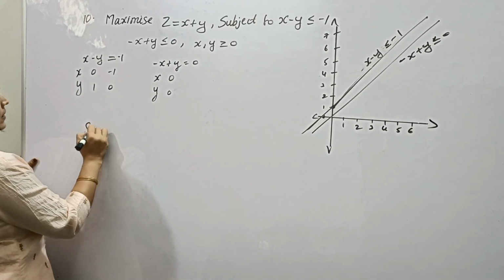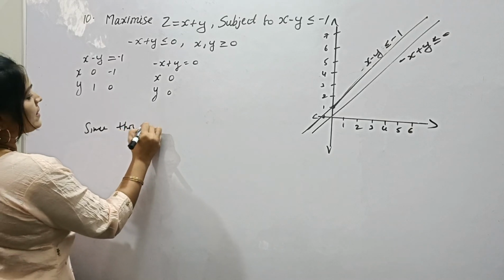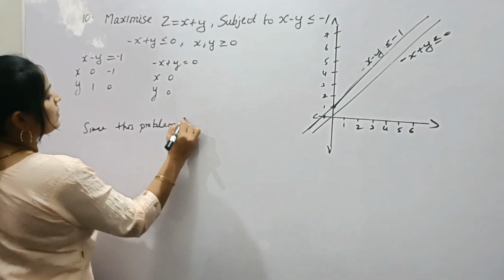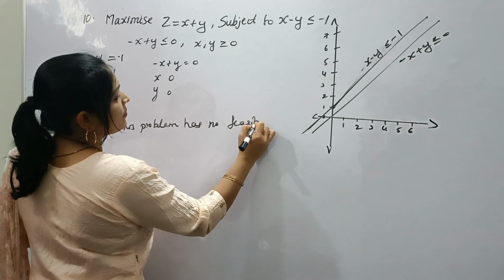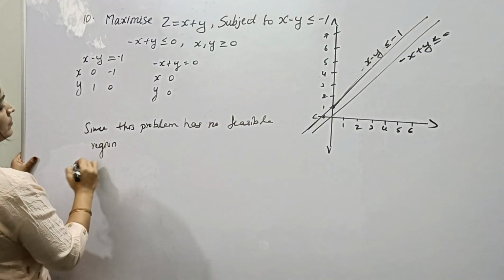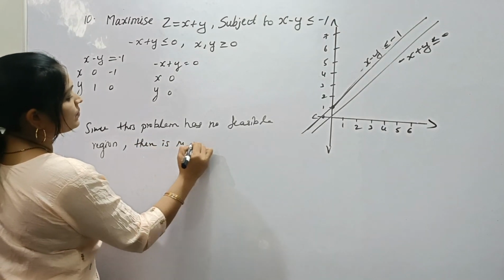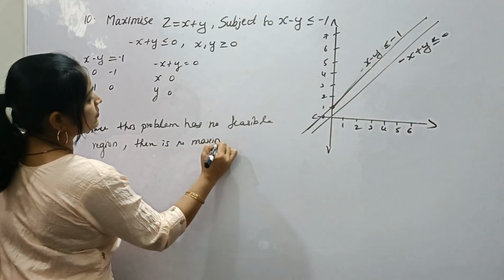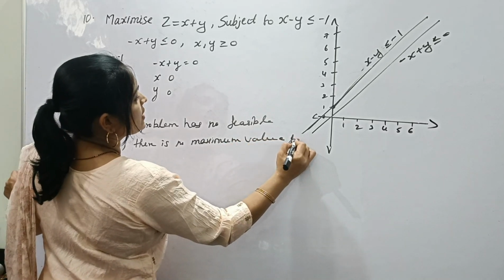That is, since this problem has no feasible region, there is no maximum value for z.